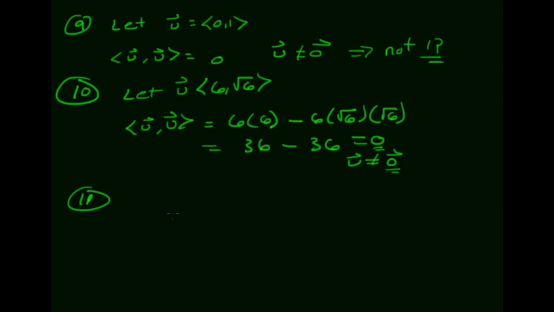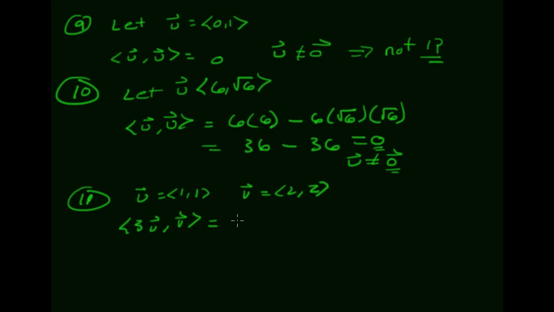To disprove number 11, I just let u be 1, 1, and I let the v vector be 2, 2. Then I looked at, what do I get if I take 3u times v? That's going to give me 3, 3.